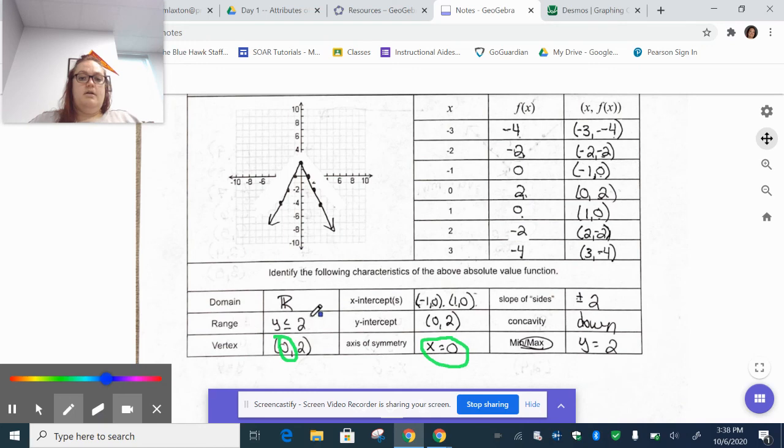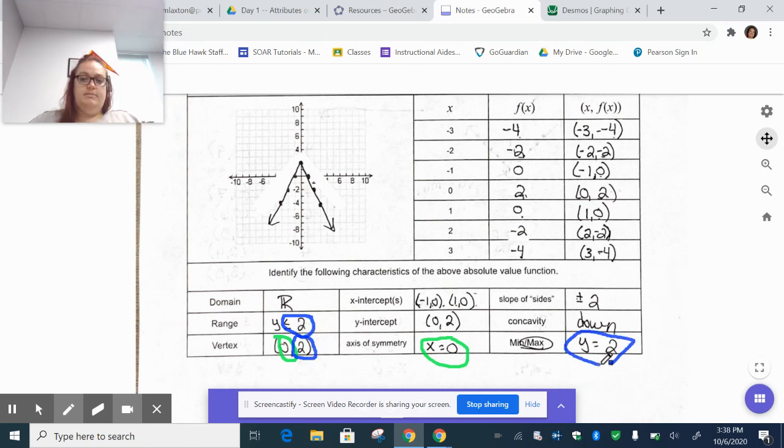Then we have our range and our vertex. Those numbers match. Also, the minimum or the maximum. In this case, it's a maximum because that vertex is at the top. All right, so that is a quick and dirty version of all the attributes of an absolute value function.